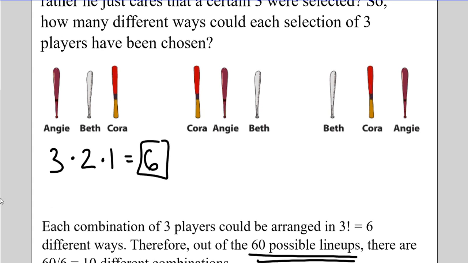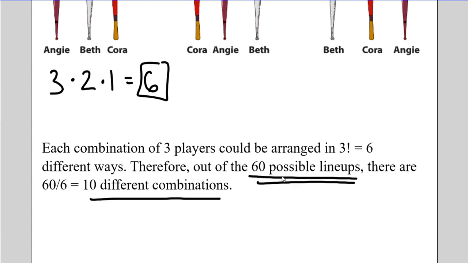So 60 if order is important, but if order is not important, once those 3 have been chosen, there are 6 different ways that I could have rearranged them, and I would have originally counted those as all unique, but they're really not, because Angie, Beth, Cora is the same as Cora, Angie, Beth if order is not important, just that they were all selected. So I overcounted by a factor of 6, and 60 divided by 6 would tell me that there's only 10 different combinations of picking 3 batters in the top 3 out of 5 possibilities.